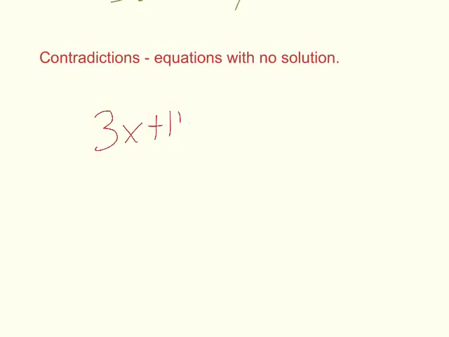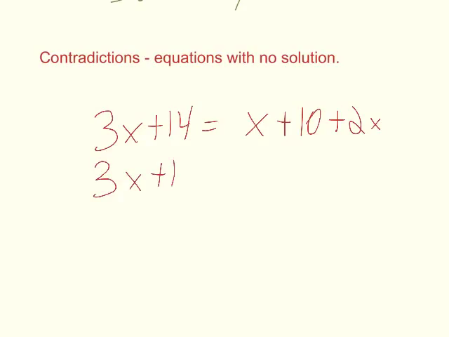Here's an example of that. 3x plus 14 is equal to x plus 10 plus 2x. Combine like terms over there on the right-hand side. And then as with the identity, when you go to move your x's to one side, they will disappear.